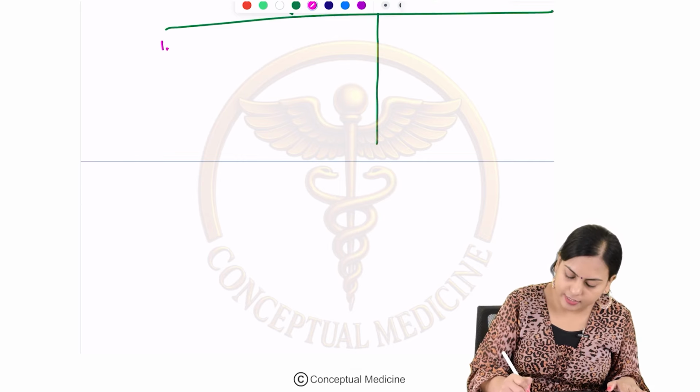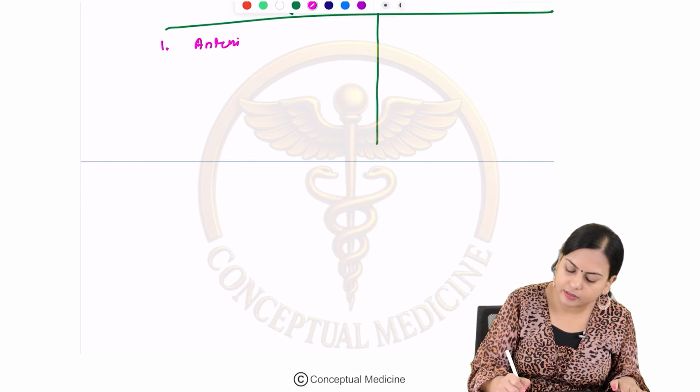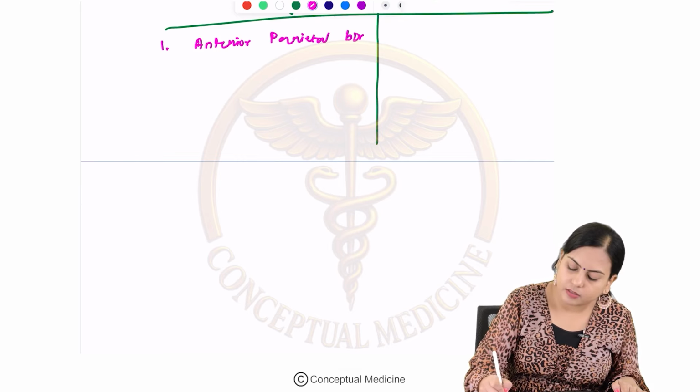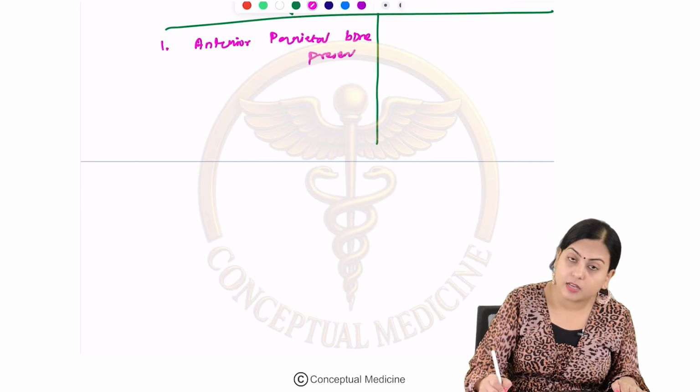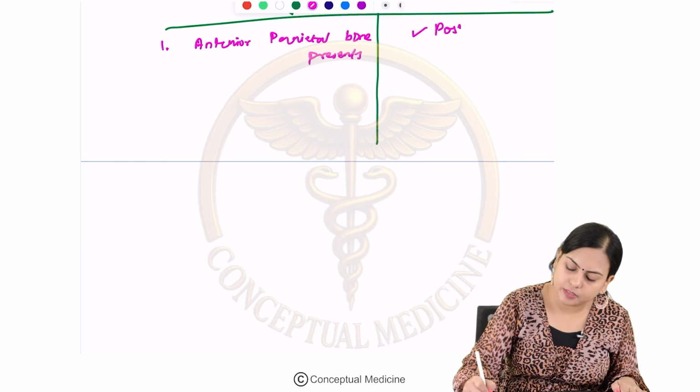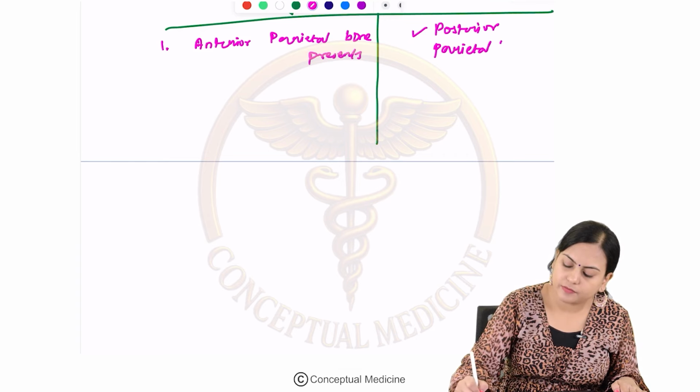In anterior asynclitism, the anterior parietal bone presents, whereas in posterior asynclitism, the posterior parietal bone presents.